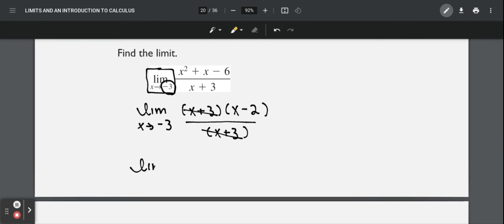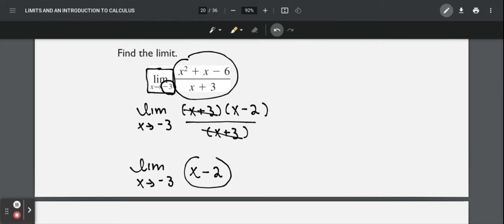and we find then that the limit as x approaches -3, we just have x minus 2 left. So what this means is that this graph right here will look exactly the same as this graph right here, except the one on the top will have a hole and the one on the bottom doesn't.